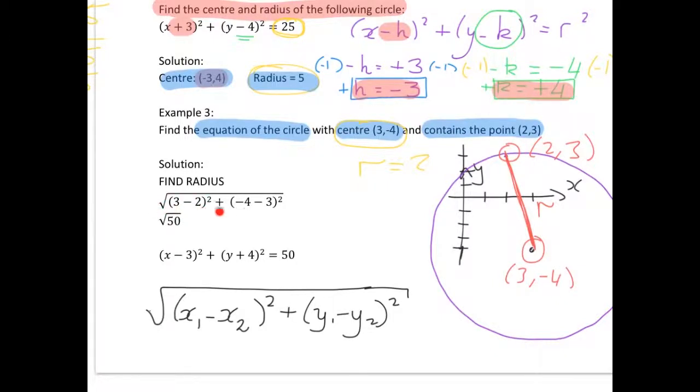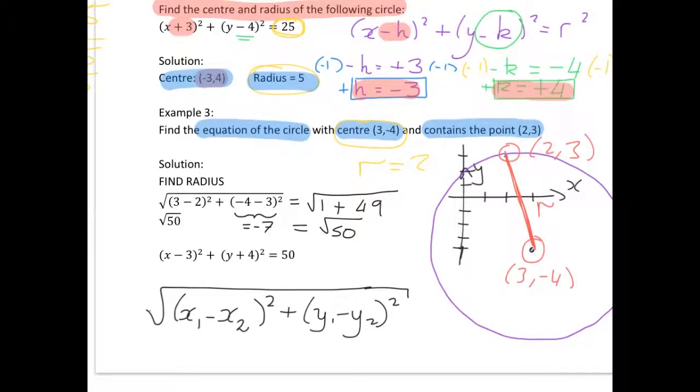Filling those values in, we get this line over here. 3 minus 2 is 1, and 1 squared is just 1. So that's the square root of 1 plus, -4 minus 3 is -7, and -7 squared is 49. So we get our radius is the square root of 50.